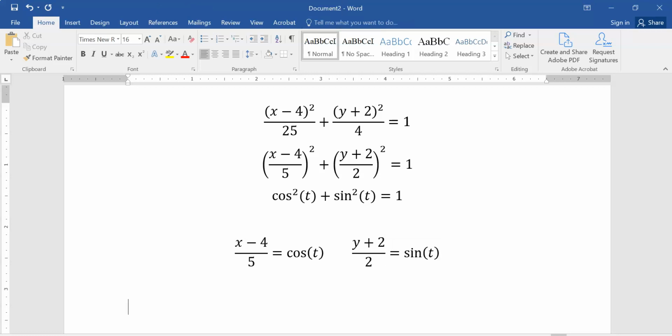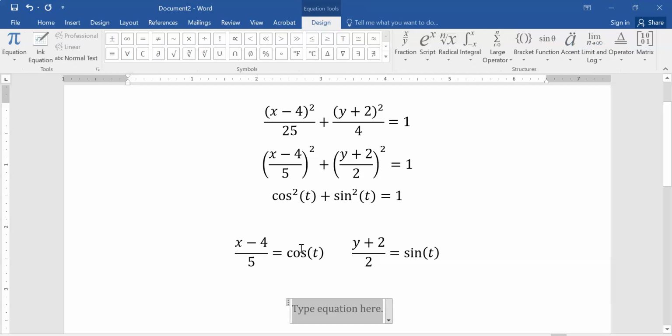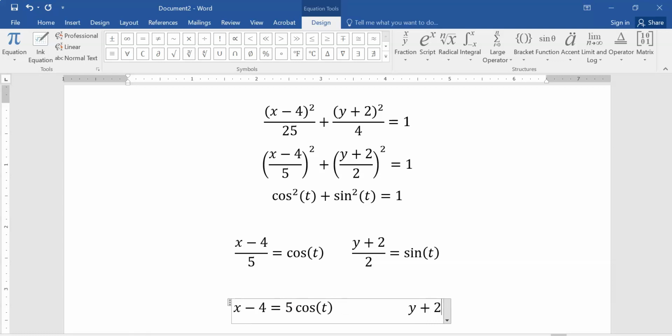Now, to get a parametric equation, we need an x equals and a y equals, but that's pretty easy to solve. Take x minus 4 over 5 equals cosine, multiply by 5 on both sides, and then add 4. So x minus 4 is equal to 5 cosine of t. And if you multiply by 2 on both sides, y plus 2 is equal to 2 sine of t.